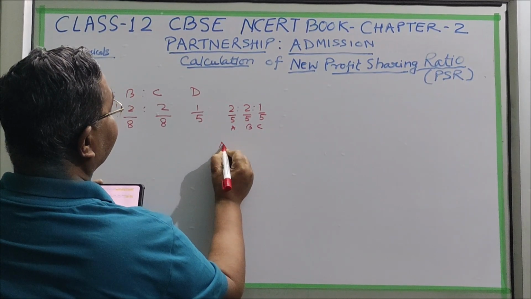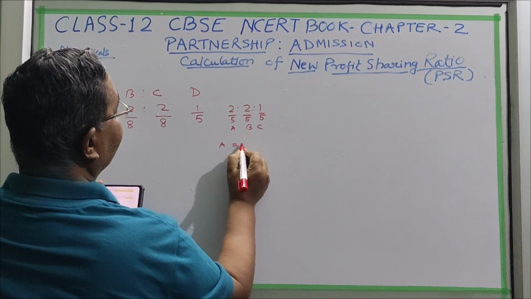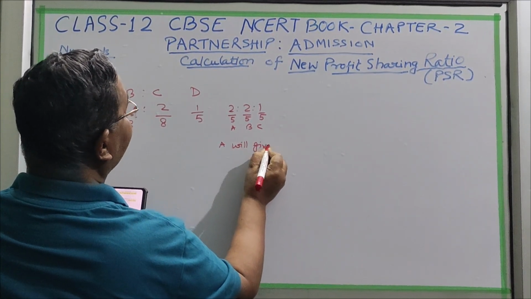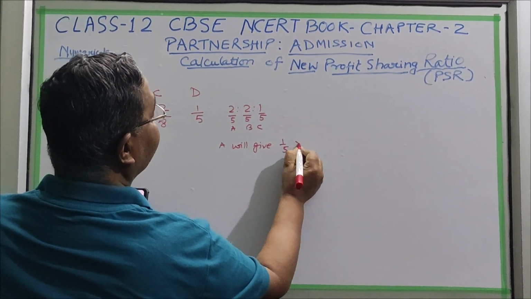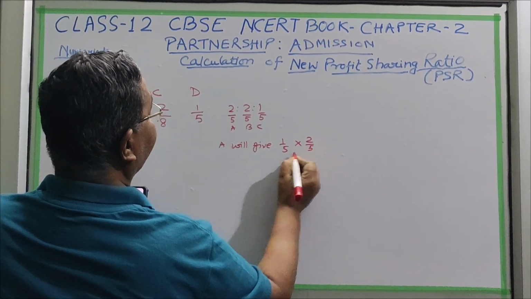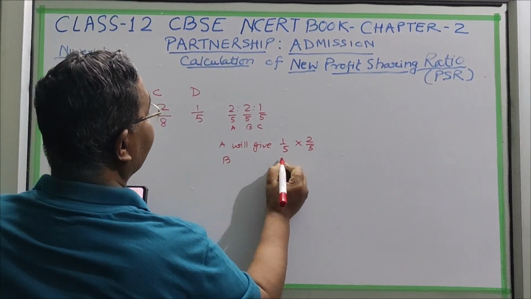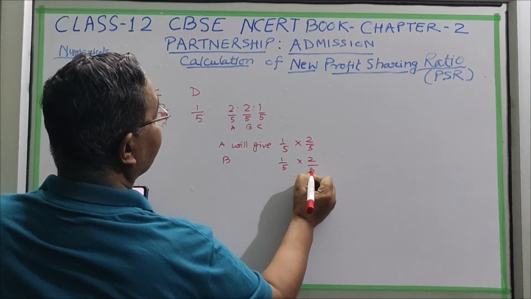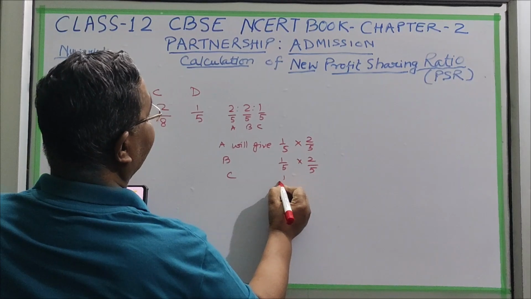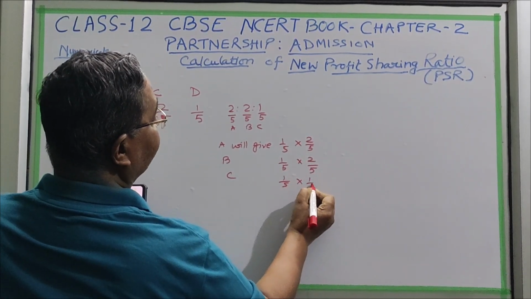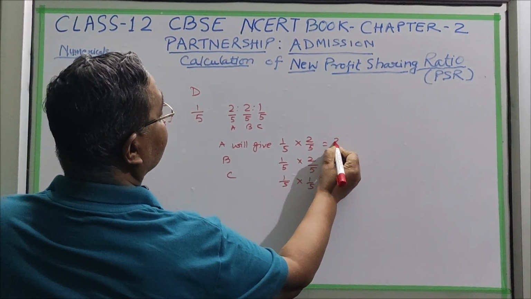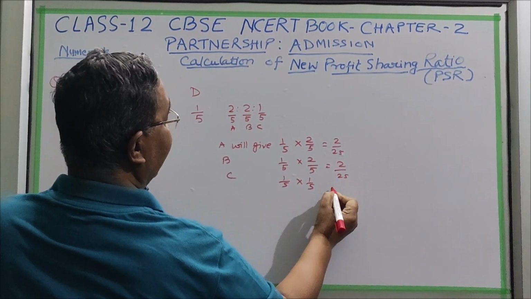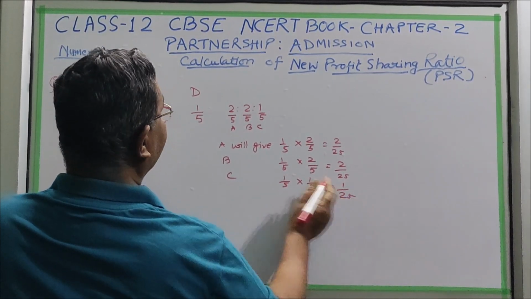So A will give 1 upon 5 into 2 by 5, and B will give 1 upon 5 into 2 by 5, and C will give 1 upon 5 into 1 by 5. So it is equal to 2 upon 25, 2 upon 25 and 1 by 25. This they will give.